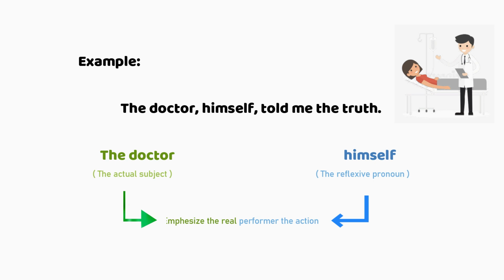And himself is a reflexive pronoun, which comes to show you or to emphasize the real performer of the action.